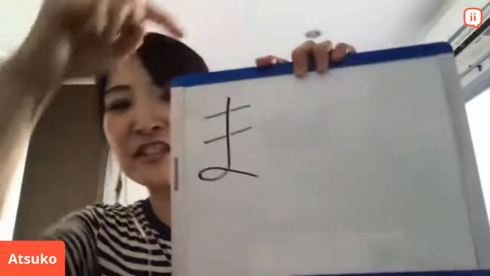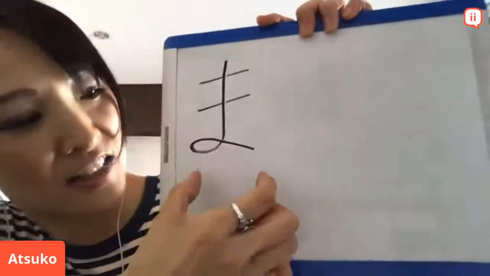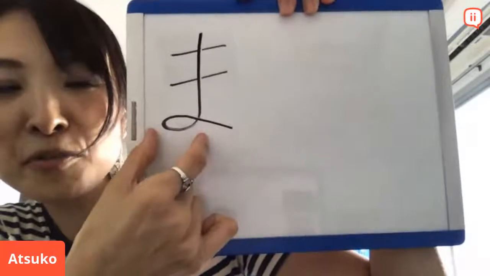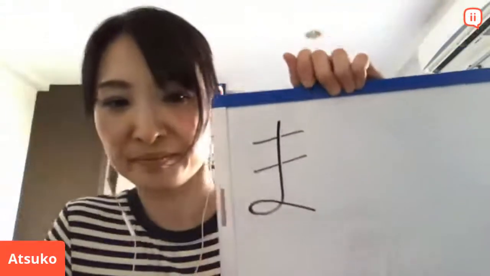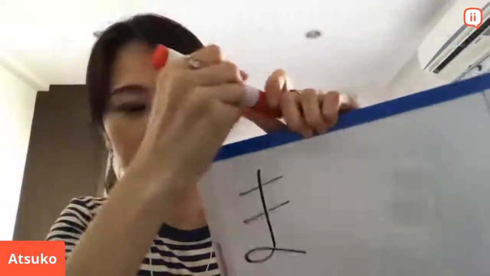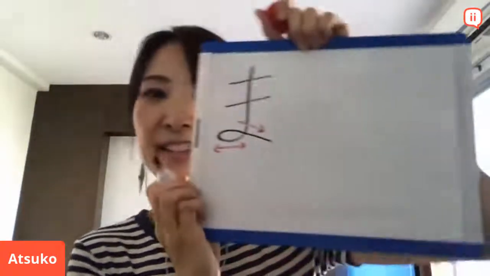I think you've already gotten used to this. Go straight down, wide loop, and go down.